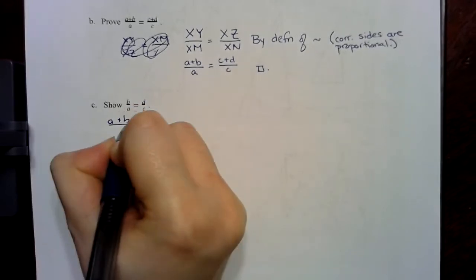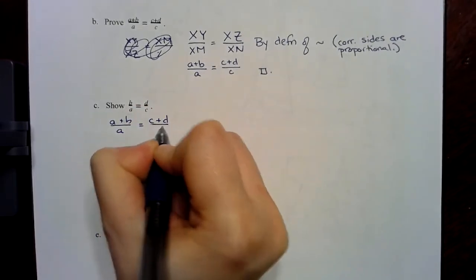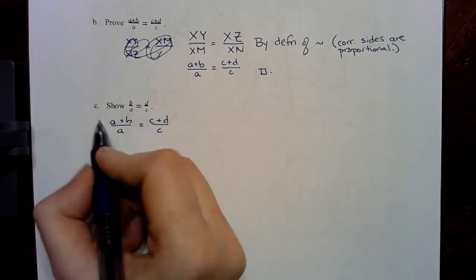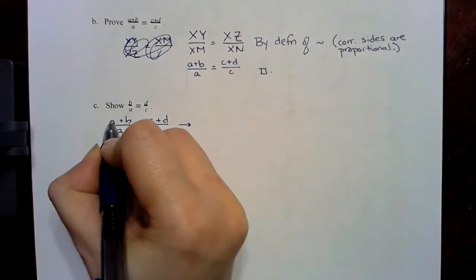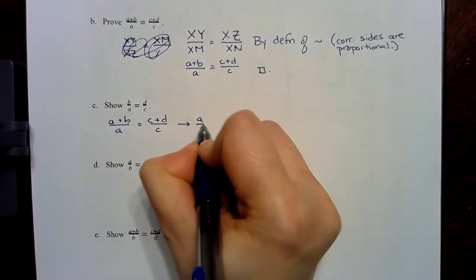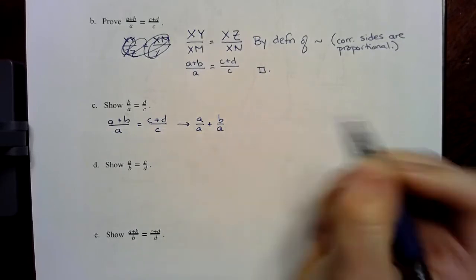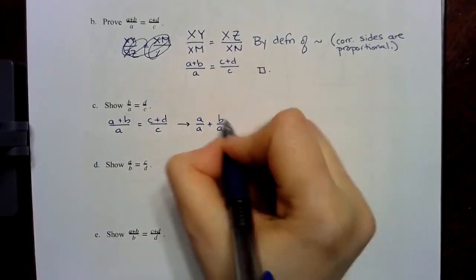A plus B over A equals C plus D over C. And I'm going to rearrange this statement. So I'm going to start by splitting up my fractions. So this is going to be A over A plus B over A. I'm using that common denominator backwards to split my fraction.